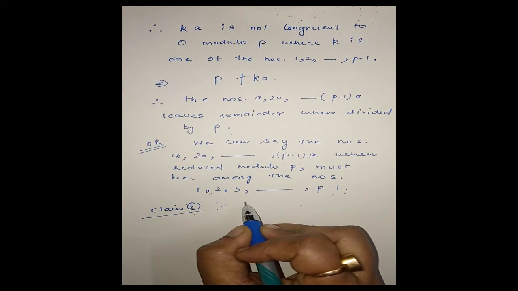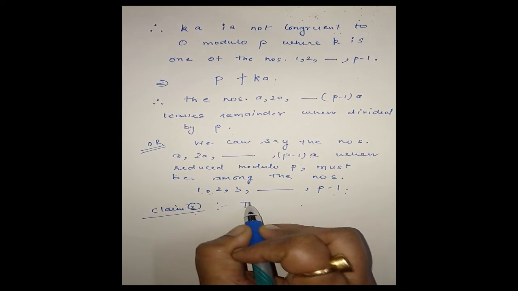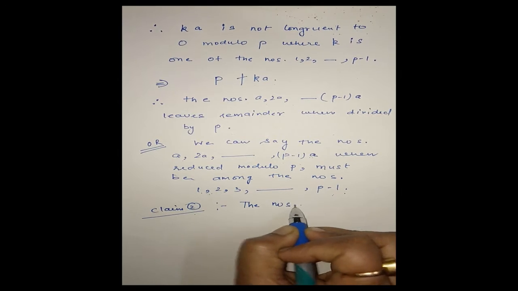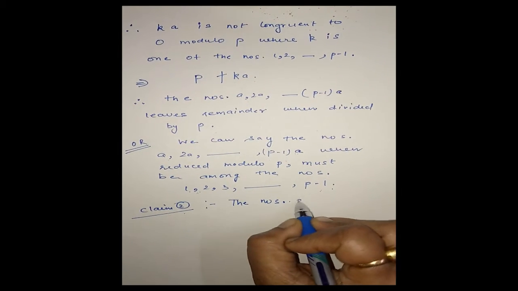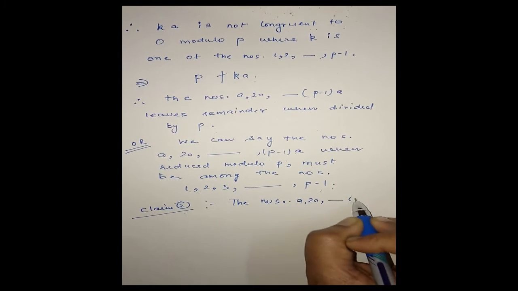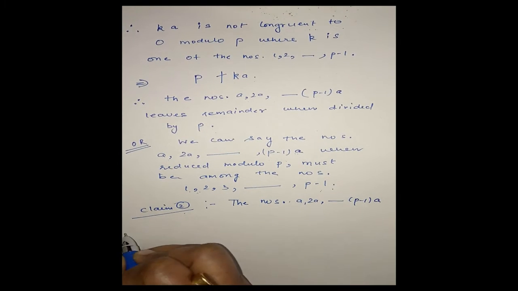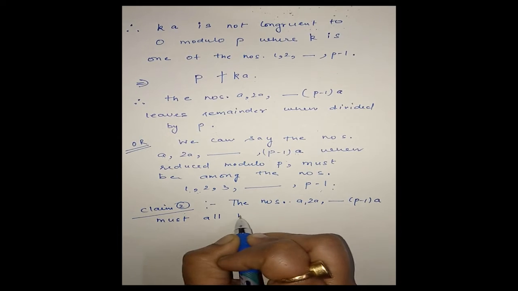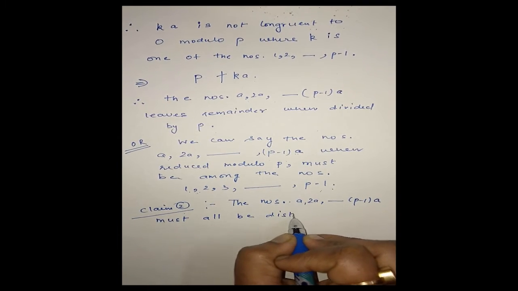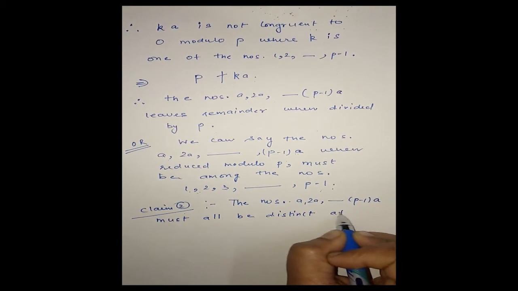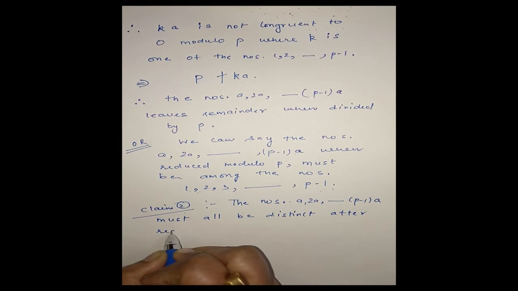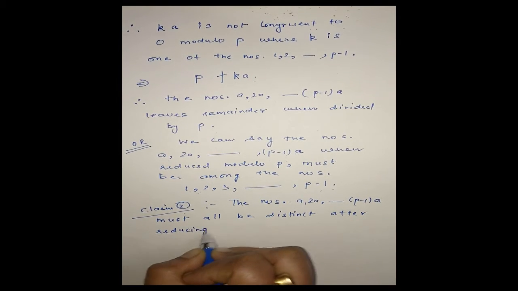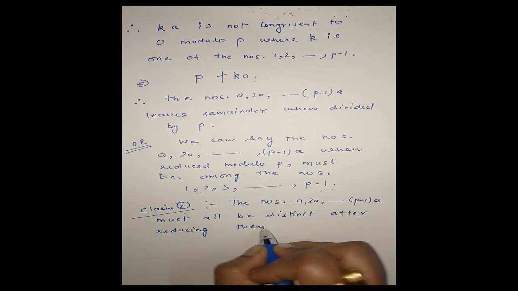Now we are going to prove that the numbers a, 2a, up to (p minus 1)a must all be distinct, or different, after reducing them modulo p.